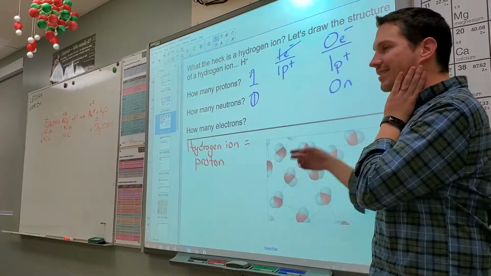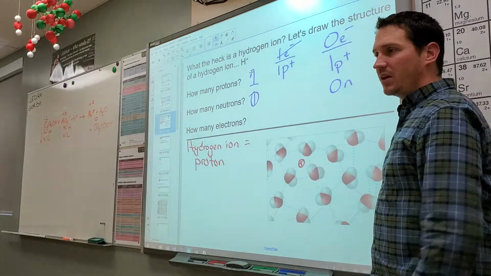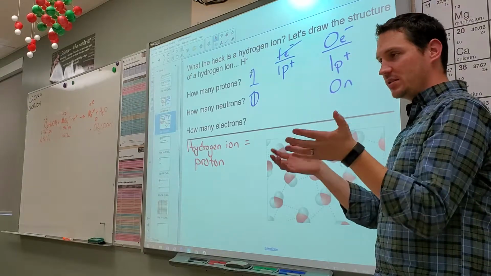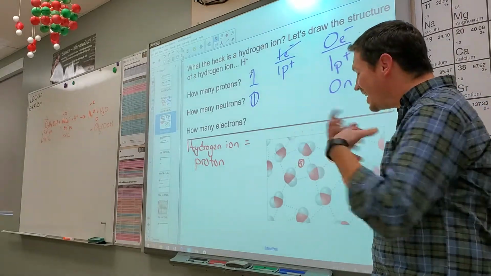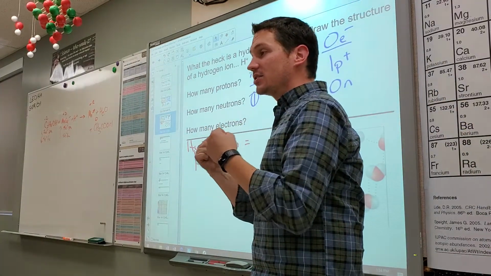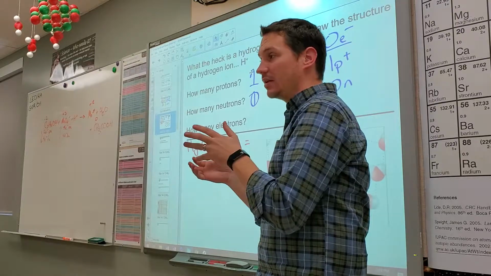Now, this proton is not going to survive all by itself very long. It's one bare, empty, naked positive charge, and it is really attracted to anything surrounding it that's negative.